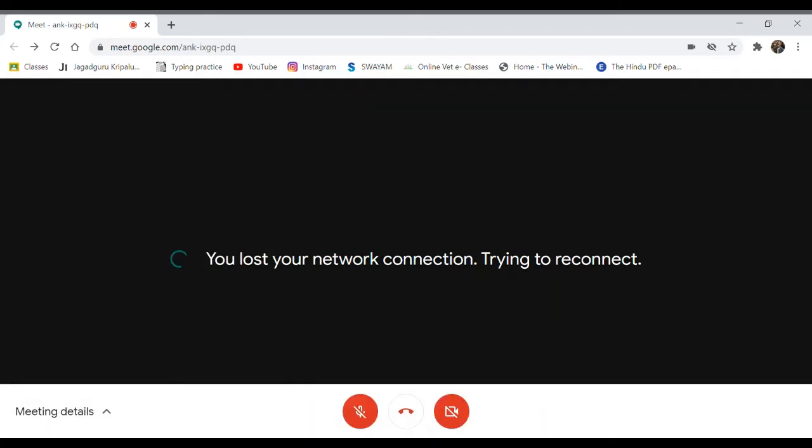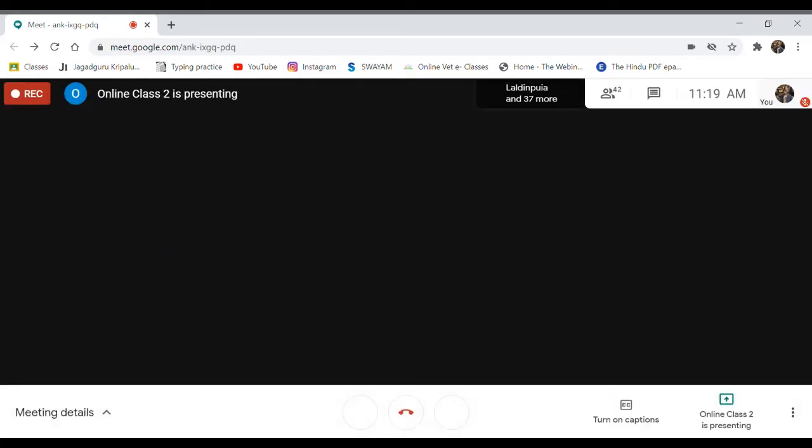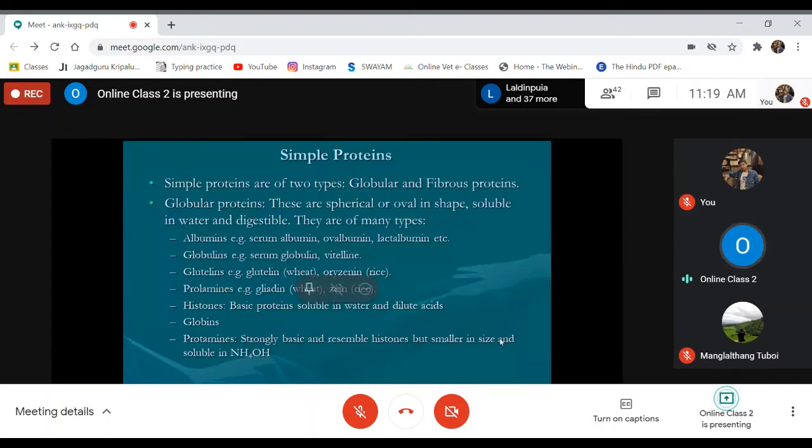One is that which is present in serum or in the blood, that is the serum globulin. Then glutelins, like the glutelin in wheat, and oryzenin in the rice. Then histones, these are the basic proteins soluble in water and dilute acids, present in the nucleic acids.